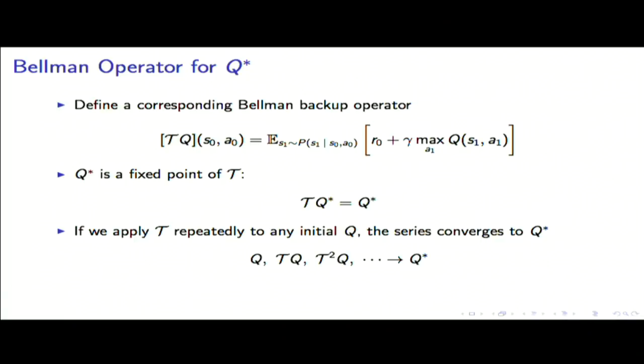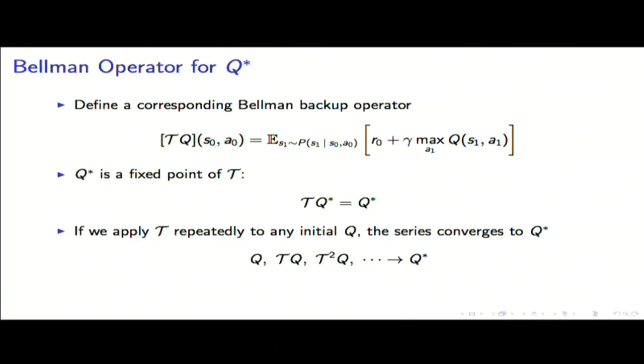Okay, so far we've just been laying out some of the properties of Q functions. We can write down the Bellman equation for a fixed policy, and we can write down the Bellman equation that the optimal policy should satisfy. There are also two backup operators: the backup operator that converges to the optimal Q function, and the backup operator that converges to the Q function of a fixed policy.